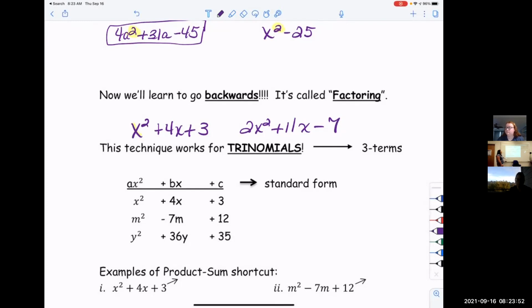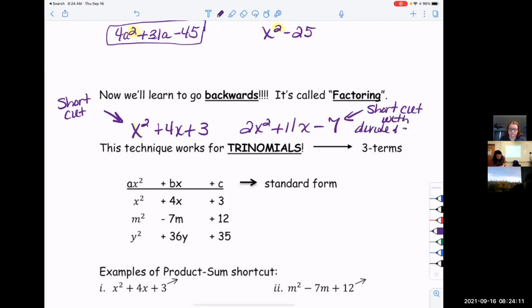Okay, so what you have are 2 different possibilities. This one is the shortcut that I'm about to show you. And this one is the shortcut with divide and slide. So there's 2 types.